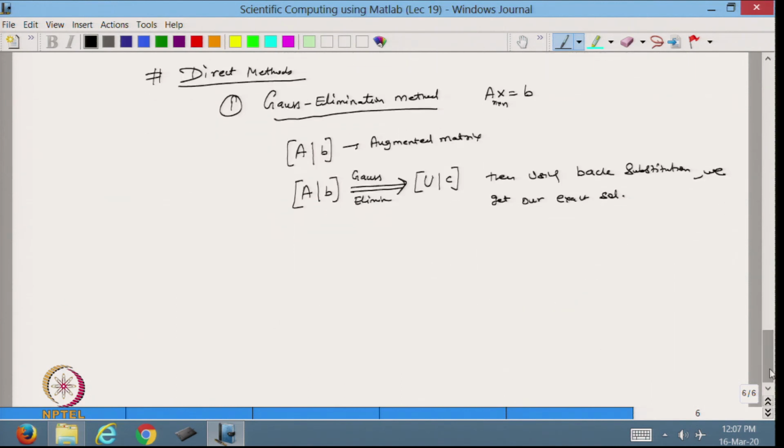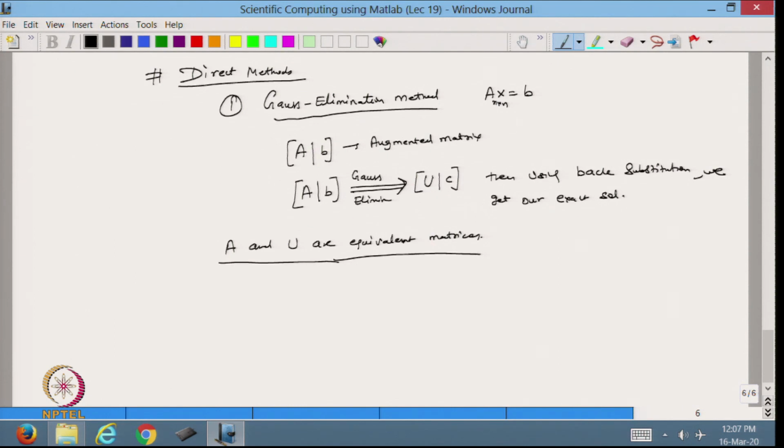From our knowledge of matrices, we know that the matrices A and U are equivalent matrices.